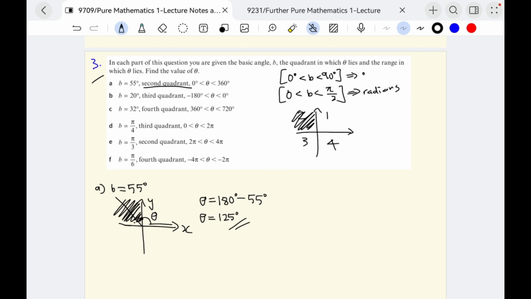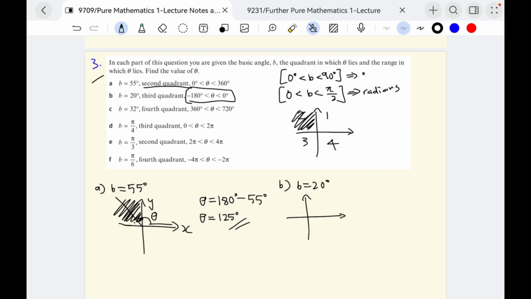For B, 20 degrees and the third quadrant. Watch out for the interval from negative 180 degrees to 0, which means the interval is only between the third and fourth quadrants. Why? Because it is the negative angle, obviously.